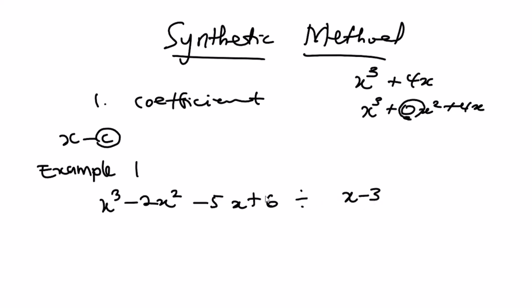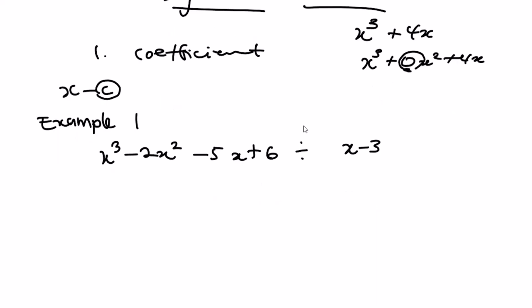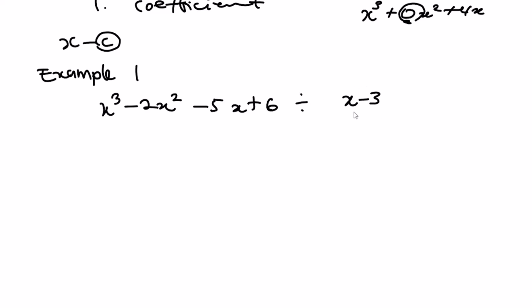Then we have to divide this by this. Now remember, I said the divisor should be in the form x minus c. So it means that our c can be what? What will be c?